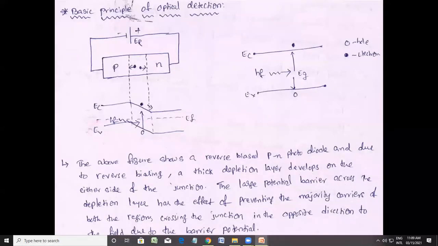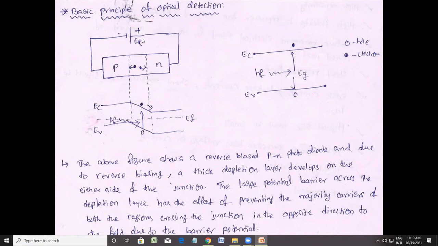Now we discuss the basic principle of optical detection. See this one. This is a general basic PN junction diode. We are applying reverse bias condition. The p-type material is connected to the negative terminal of the energy source, and the n-type material is connected to the positive terminal.